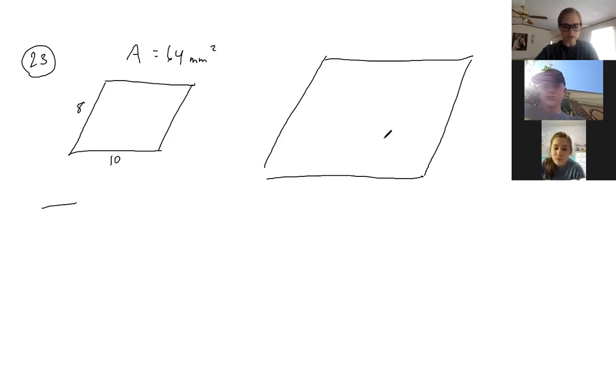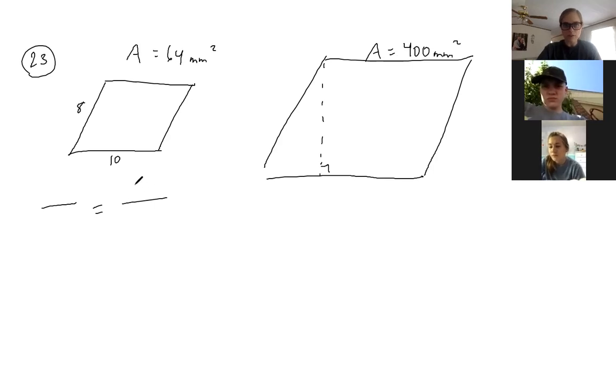Over here, it doesn't give us any of the sides or even the height. All it gives us is that the area is 400 millimeters squared. Well, remember, the ratio of corresponding sides is related to the ratio of the two areas.